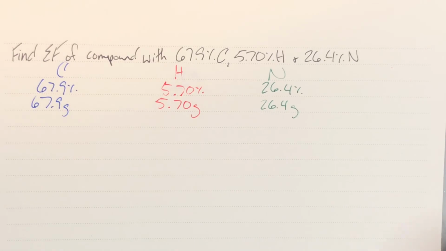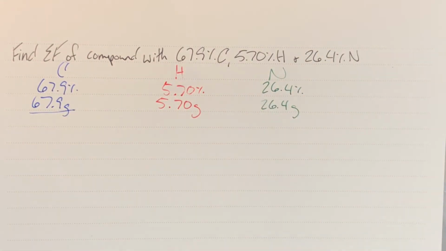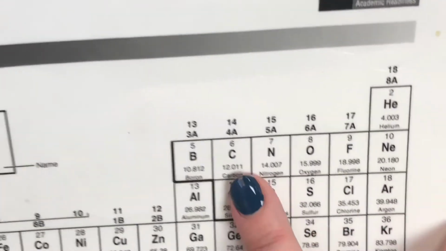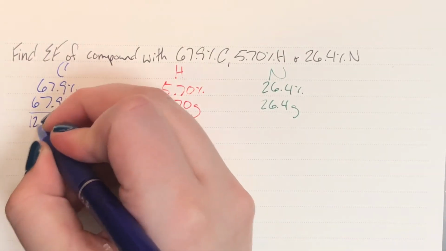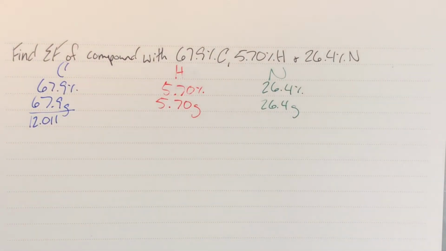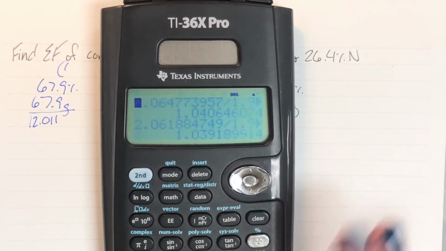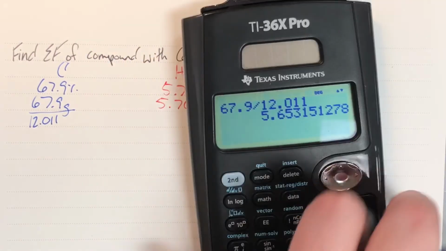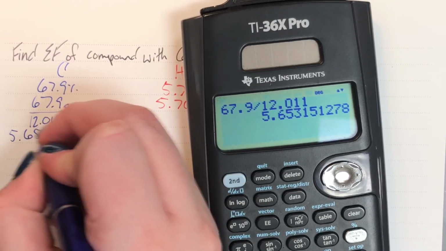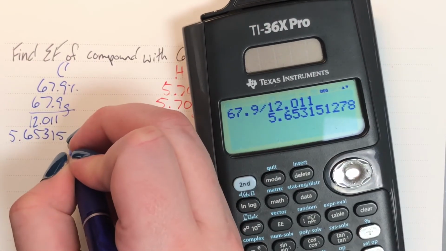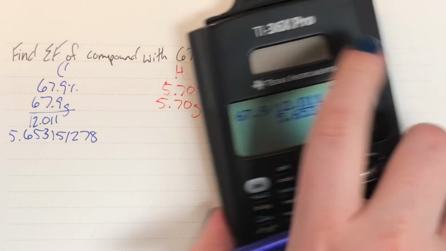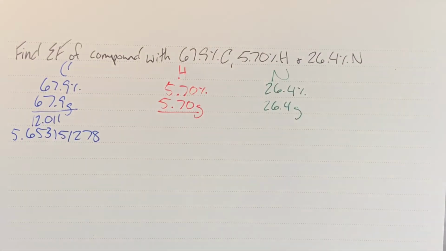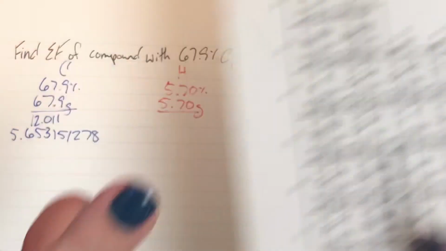Percent to mass, now we need to do mass to mole, so we're going to go ahead and divide carbon by carbon's mass on the periodic table, which was 12.011. So 67.9 divided by 12.011 gives me 5.65315127. 5.70 will be divided by 1.008.